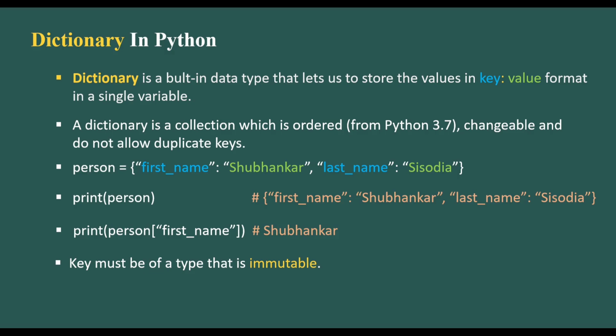However, neither a list nor another dictionary can serve as a dictionary key because lists and dictionaries are mutable. Values, on the other hand, can be any type and can be used more than once.